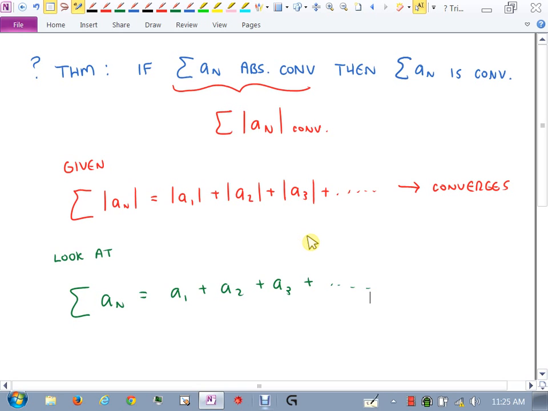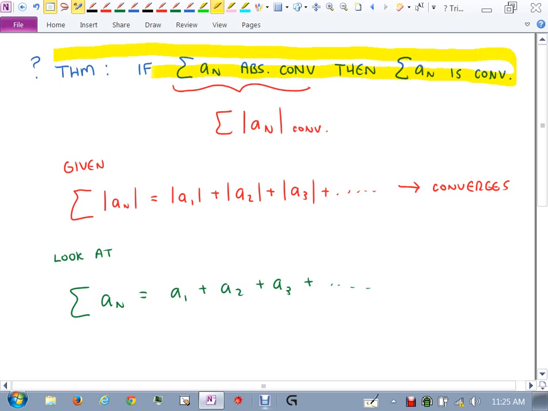So that's the argument I can make for it, but it's an actual theorem. This would not be considered a proof, but it's just to give you an idea that the theorem is true. So if you have absolute convergence, that implies convergence.